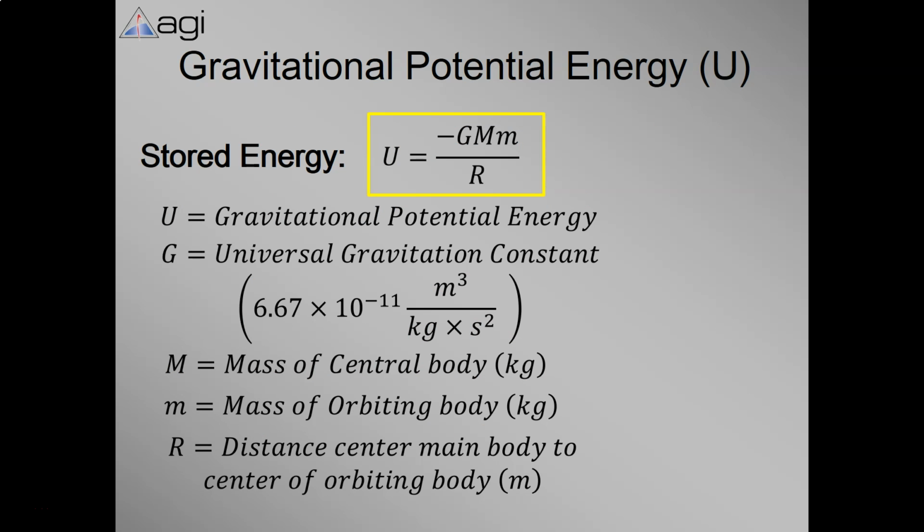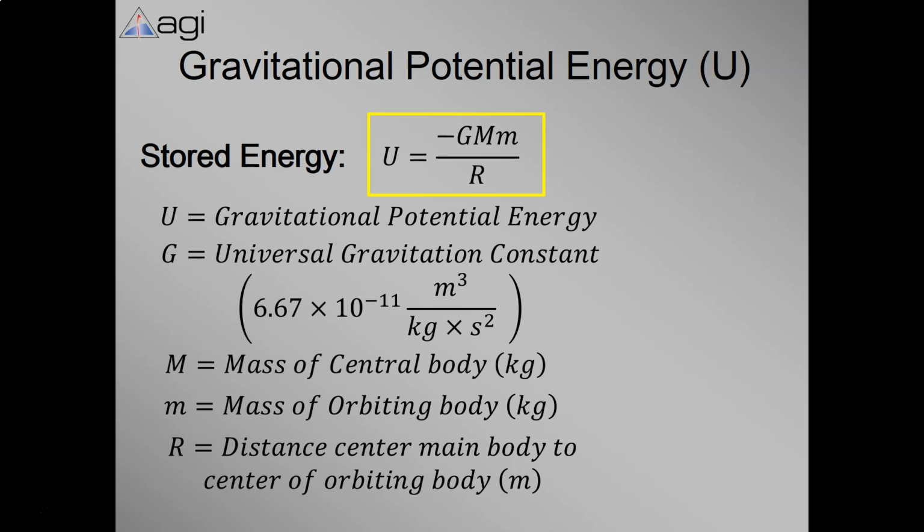When we consider the gravitational potential energy of a satellite orbiting Earth, we're talking about stored energy. We're talking about the gravitational potential energy being equal to negative G M m over r. G is the universal gravitation constant. We see it here.